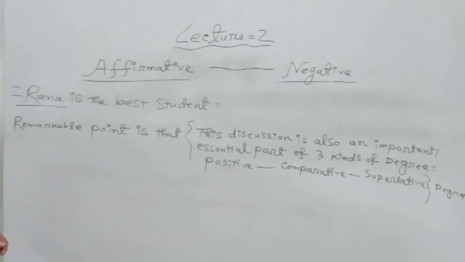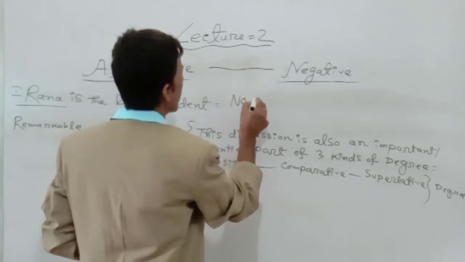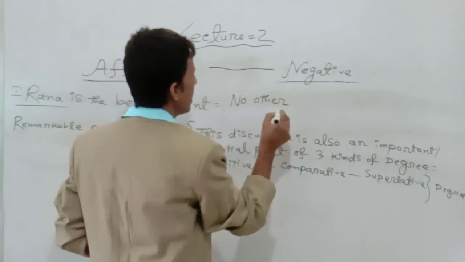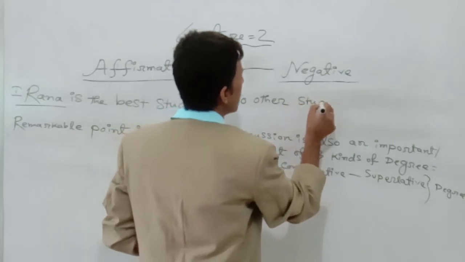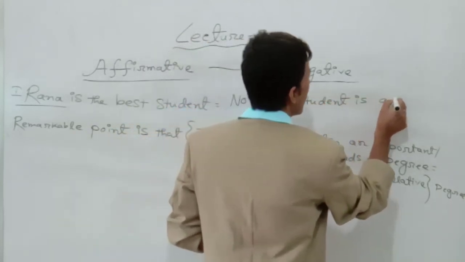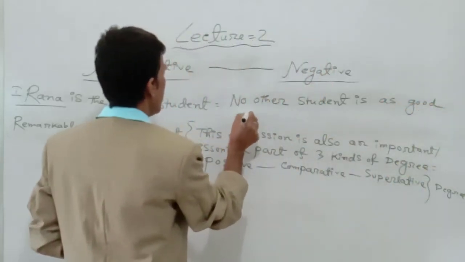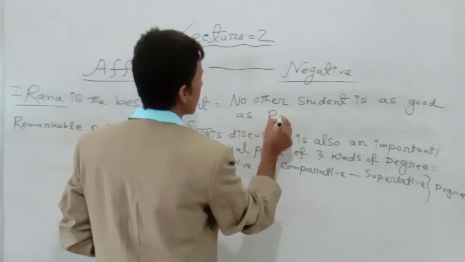In this way, by using the examples and the structures from degree, we can transfer the affirmative sentence into negative sentence. No other student is as good as Ram.